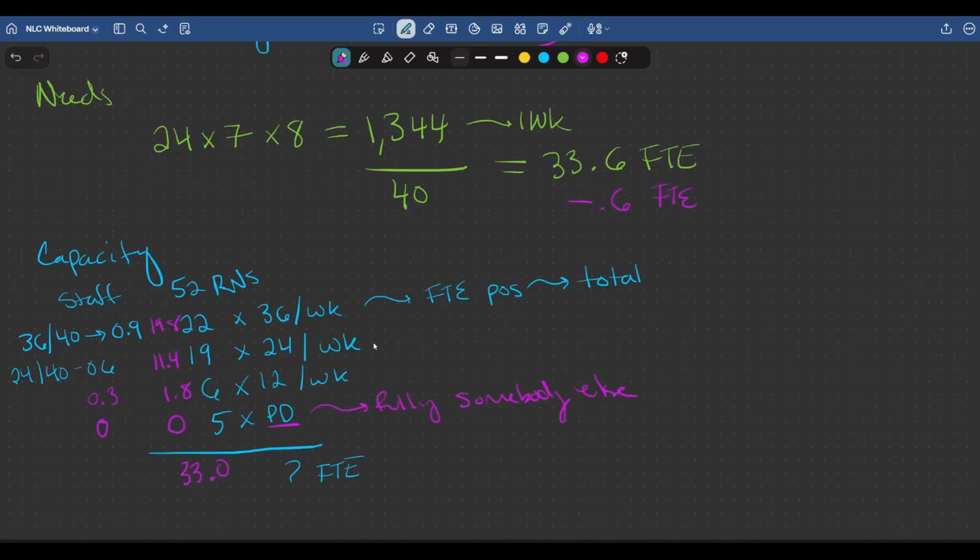Now, obviously, there are other factors that go into staffing, right? This is just a basic example for the concept of FTE. I'm not even considering things like what shift these people work, or other factors like time off and sick time and stuff like that. These are all some of the other factors that go into staffing. And that's too complicated for this video.